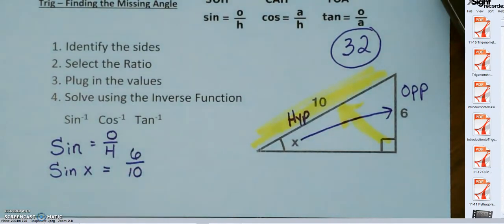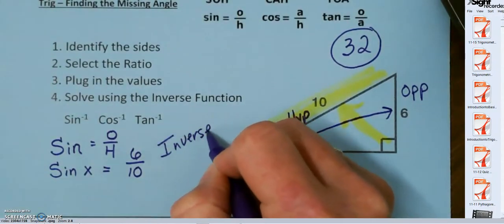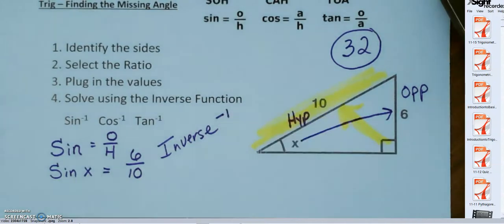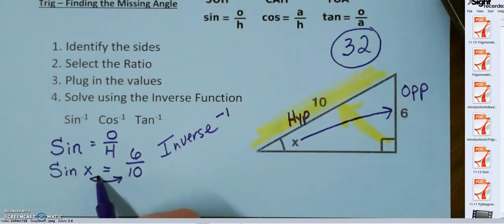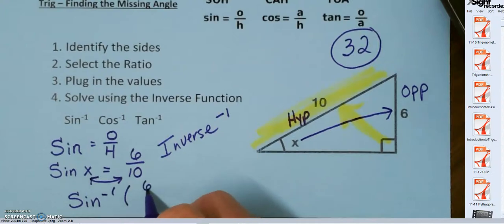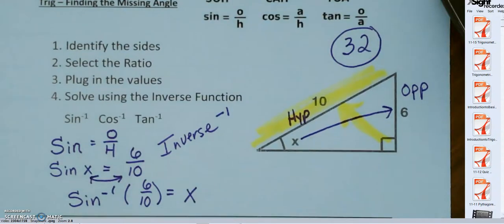Now, in order to solve for x, we're going to use the inverse function. It's like taking the square root. Okay? So when we take the inverse, these two things switch places. So the inverse sine of the ratio 6 over 10 is equal to what angle measurement x?